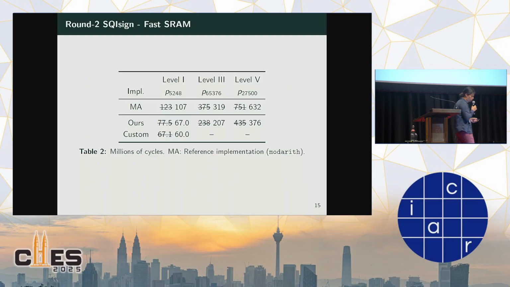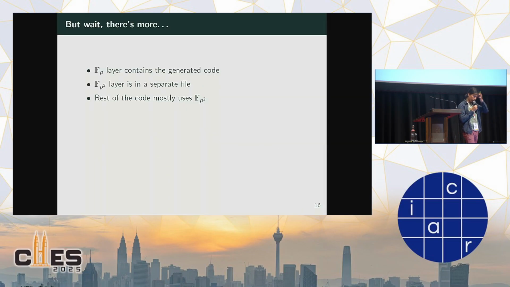So choosing only the first bank, we get these numbers. So you can see that we decrease significantly the time taken, and these numbers here correspond to taking the reference code submitted to NIST and just plugging in our implementation.